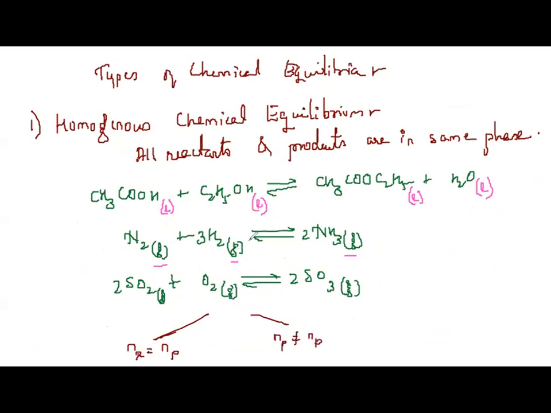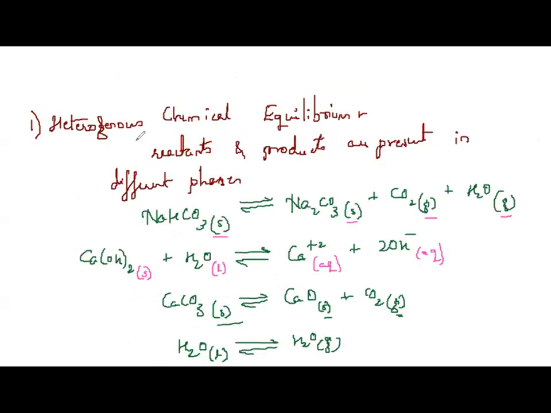These two examples are for the second type. This is an example for the first type, where the number of reactant molecules is equal to the number of product molecules. And here the number is not equal, so it is 2 and here it is 4. So this is homogeneous chemical equilibrium. And here we have heterogeneous chemical equilibrium, where reactants and products are present in different phases.